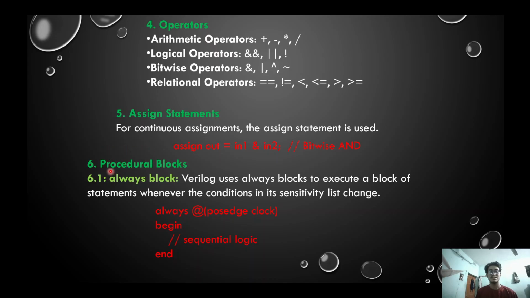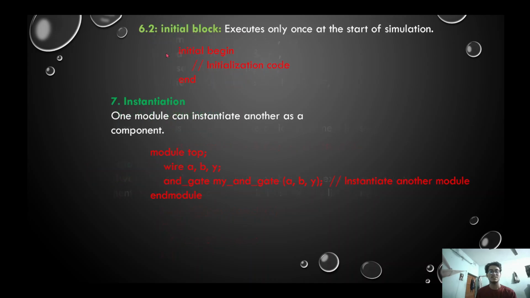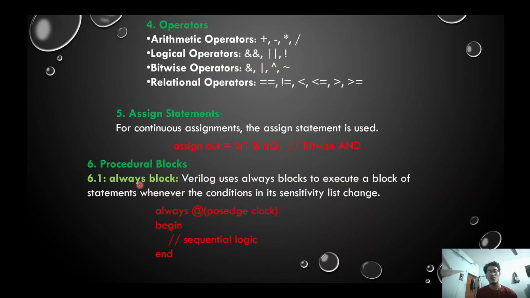The sixth Verilog syntax is procedural blocks. Procedural blocks are two types. The first one is always blocks. The second one is initial blocks. For always block, Verilog uses always blocks to execute a block of statements whenever the condition in its sensitivity list changes.